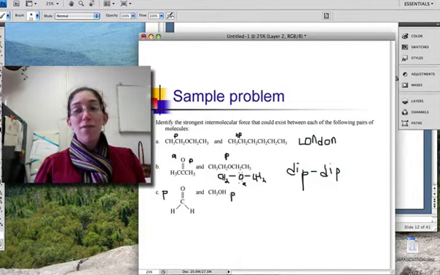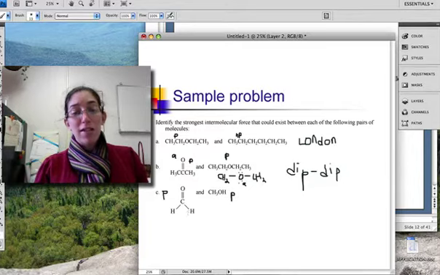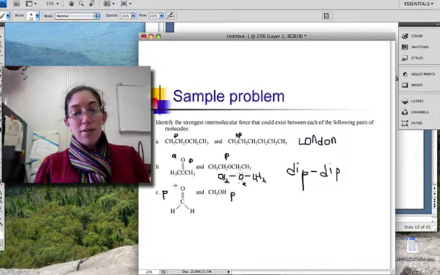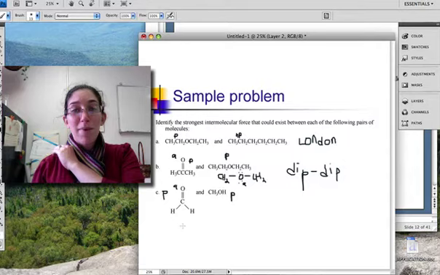Check. So we do have dipole-dipole attractions. Now the next question is, do we have hydrogen bonding attractions between the two? Do we have a hydrogen bond donor and a hydrogen bond acceptor? Is this oxygen a donor or an acceptor? It is an acceptor. Are there any hydrogens in the molecule that are donors?